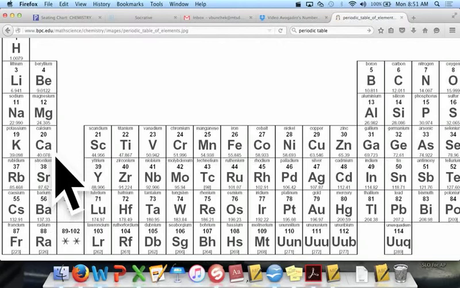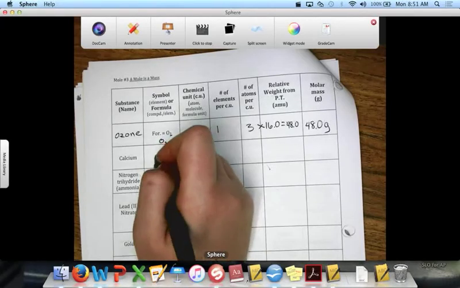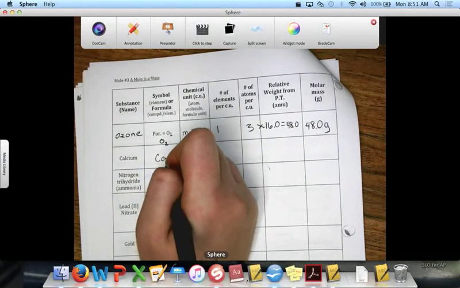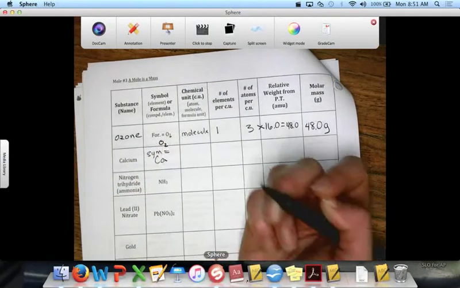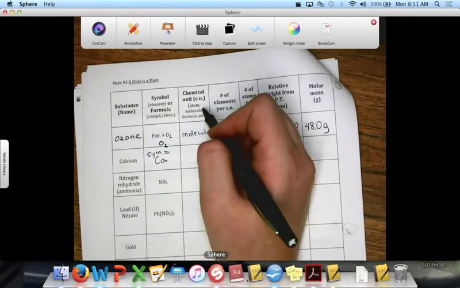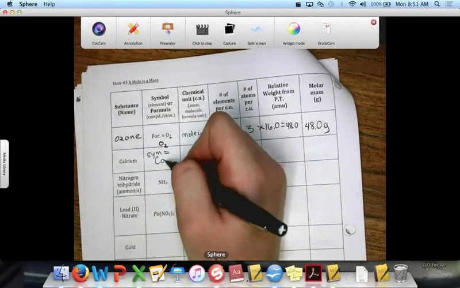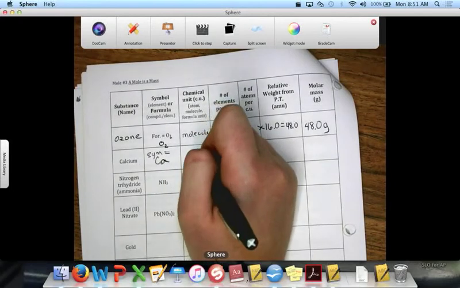I'm going to start out by writing my symbol, which is Ca, and I'm going to write that that is a symbol. And then my chemical unit, if it's an atom, molecule, or formula unit, since calcium only appears as Ca, it's just going to be one single atom.